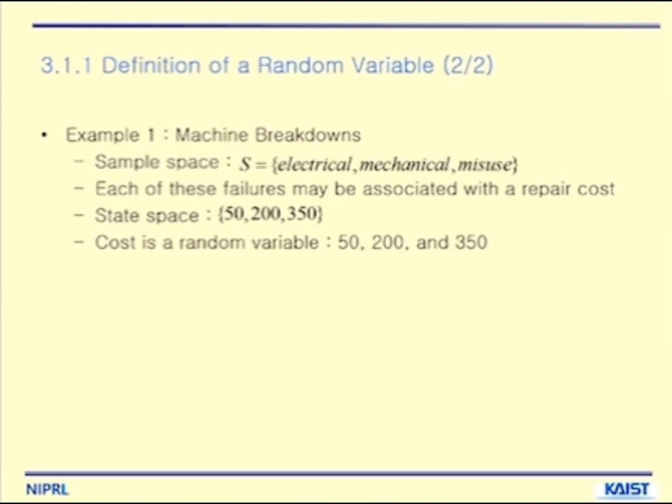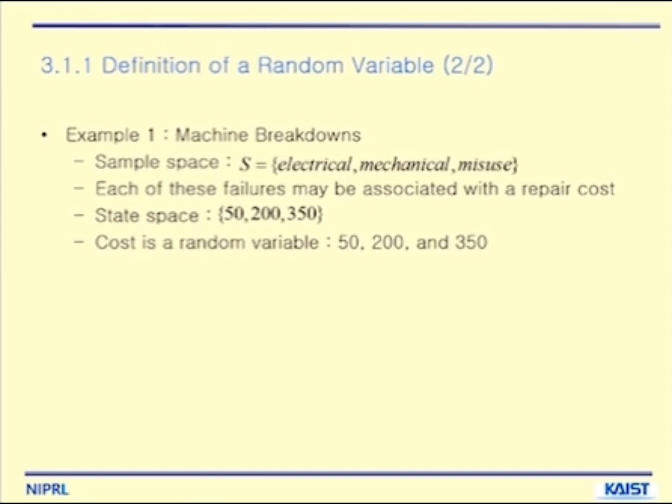Machine breakdowns. We actually want to define a situation where a machine breaks down. Now, if a machine breaks down, there's always going to be a reason why it breaks down. The possible reasons that we can attribute to a machine breakdown are: the breakdown could be due to electrical, it could be due to mechanical, it could be due to misuse.